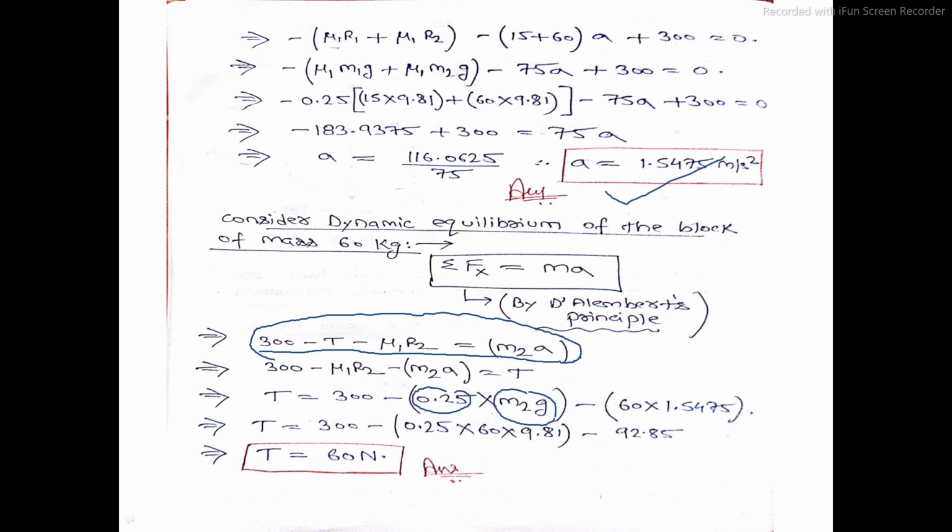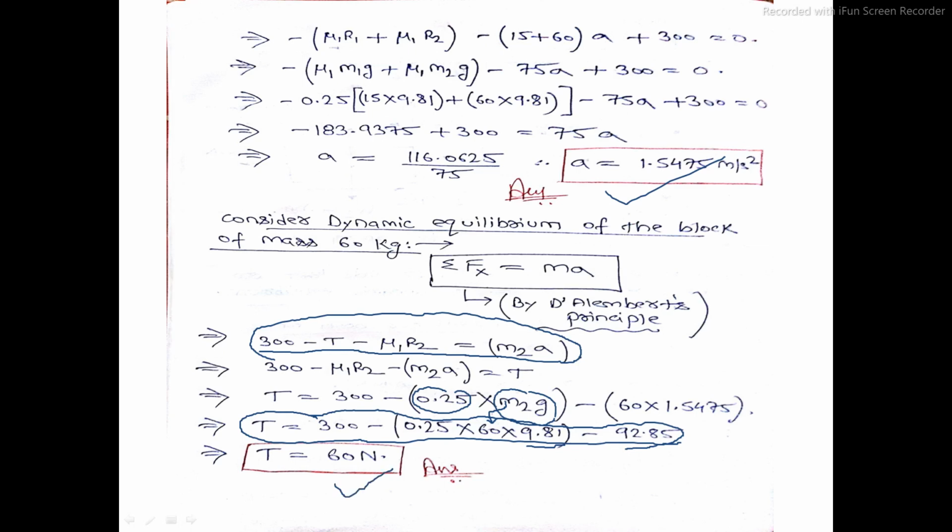Or I can write tension T is equal to 300 minus 0.25 into m2 is 60 kg into g is acceleration due to gravity, that is 9.81, minus 60 into 1.5475 is 92.85. So just solve this expression. You will get the value of tension T exerted by the string, and that value is 60 Newton.